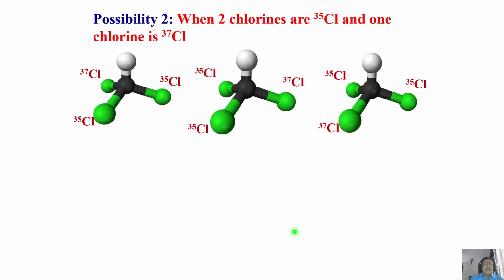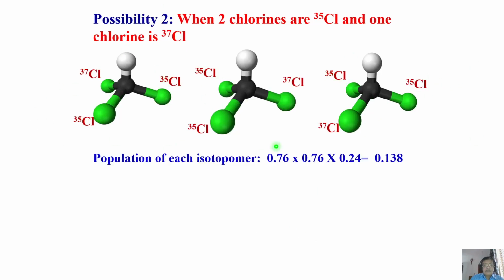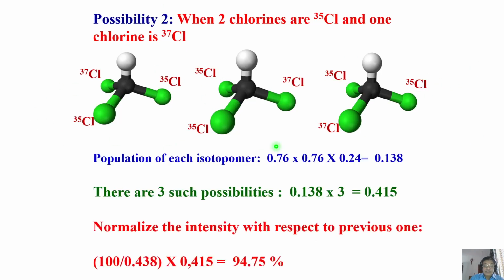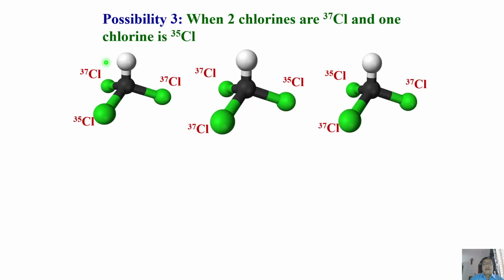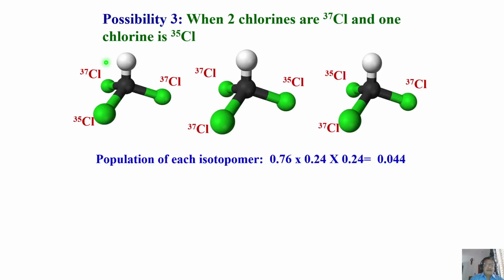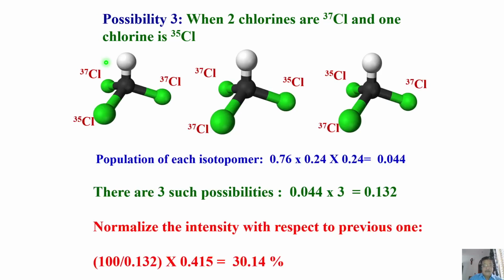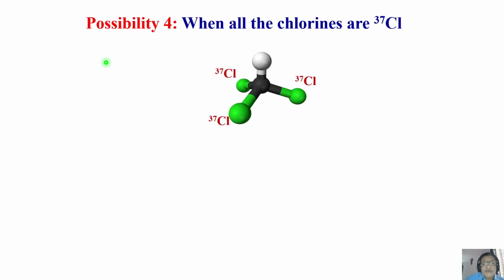The next possibility is two chlorines are 35 and one chlorine is 37, like this and this 35, this and this 35, this and this 35, with one being 37. Three such possibilities, and I showed you this is the intensity you get when you compare with the normalized first molecule. Same way we saw for the molecule with two chlorines 37 and one 35. This I don't want to repeat. This was already talked about in one of the classes before.